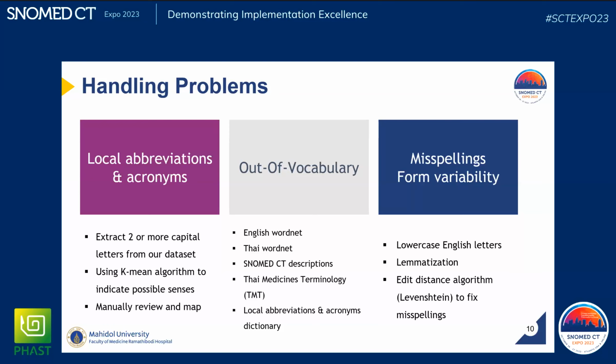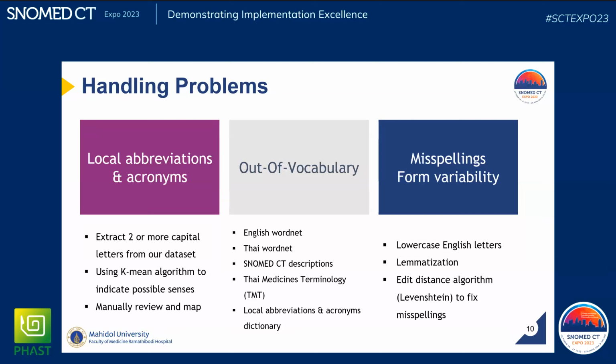And then we have Thai medicine terminologies, which we add to our dictionary too, because there will be some local Thai medicines. Lastly, we add the local abbreviation and acronym dictionary, which we gathered from the first step.